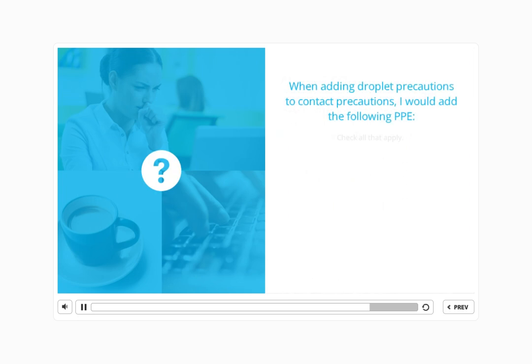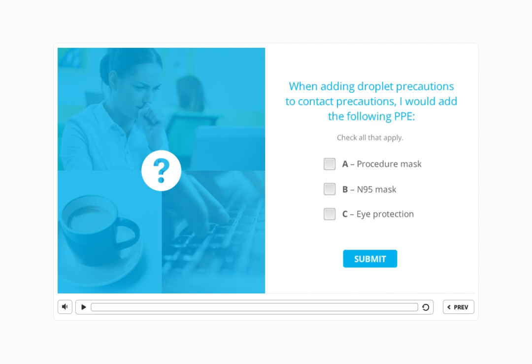From the list on the right, choose all that apply. Correct. Plus C.